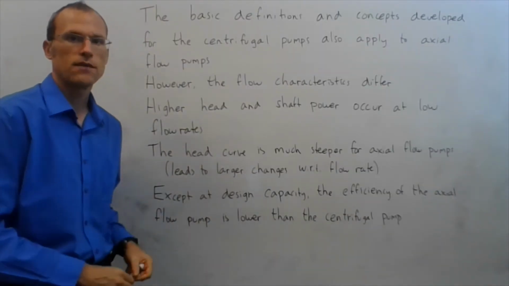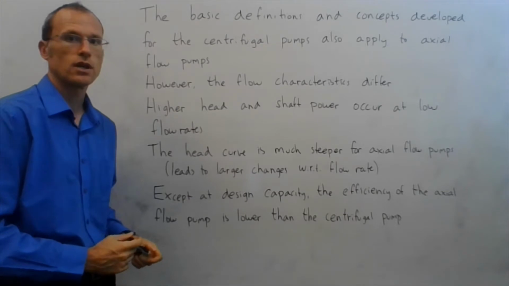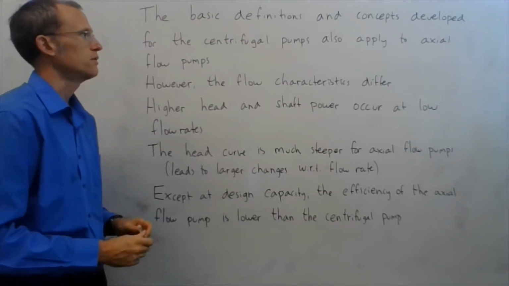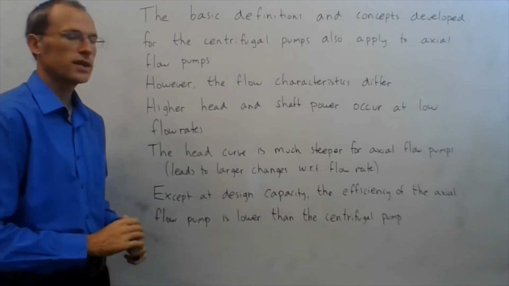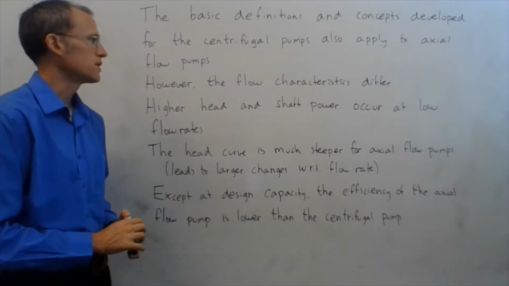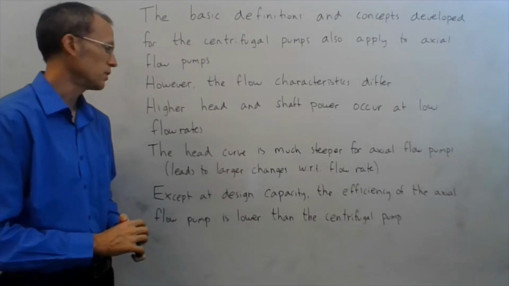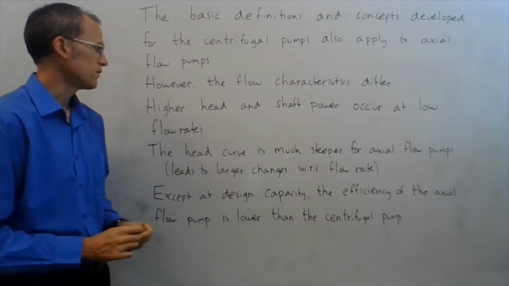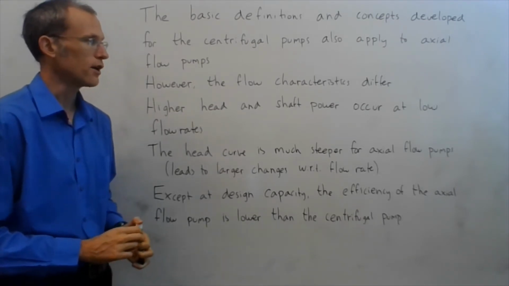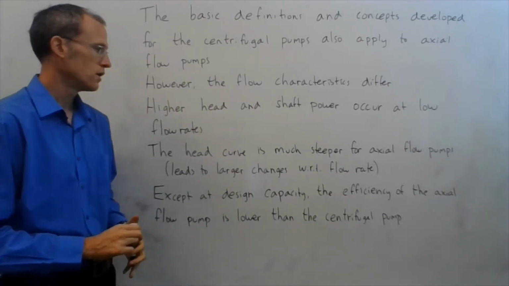So the basic concepts and definitions that we've seen over the past few lectures remain the same for axial flow pumps. There are a few things that are different though. Basic flow characteristics differ in the axial flow pump compared to the centrifugal flow pump. For one thing, axial flow pumps have a higher head and higher shaft power at low flow rates.